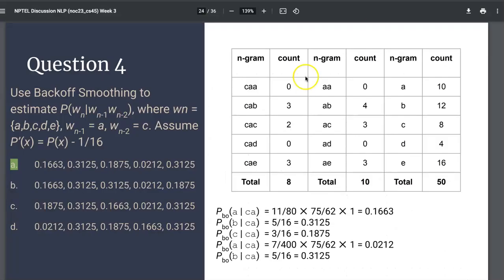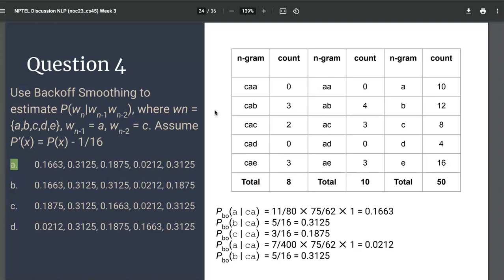Then this part is very simple. But just one thing, just read the question carefully, see what type of smoothing they are asking, remember the formula, write what are the different parts that are already given in the question, and what are the things that I need to calculate, and then you are good to go with the problem.